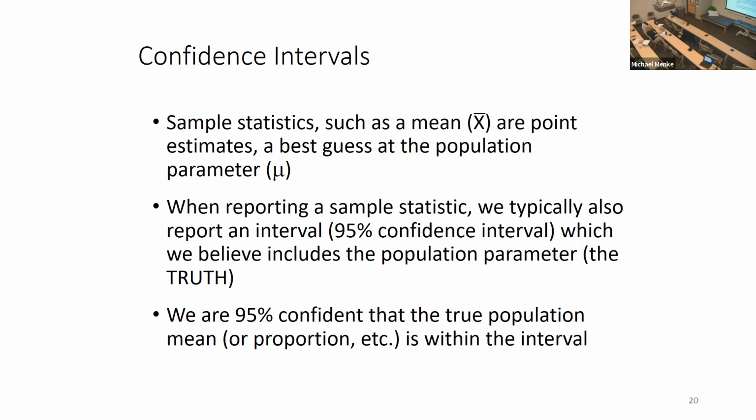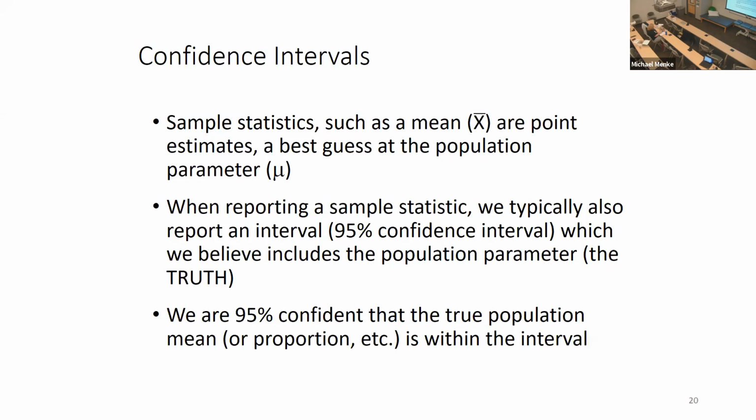So what a 95% confidence interval means is that if we drew the same size sample many times over from the same population, in 95% of those cases, the truth, the population parameter, would fall somewhere within the range of that confidence interval.